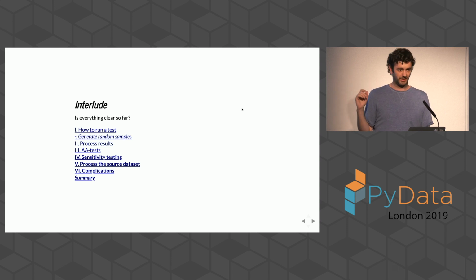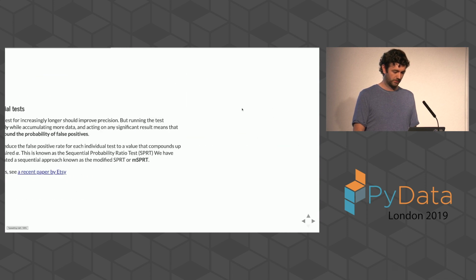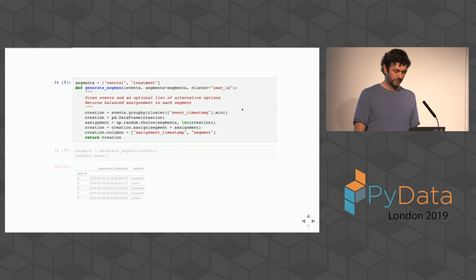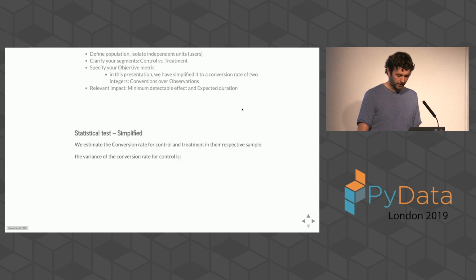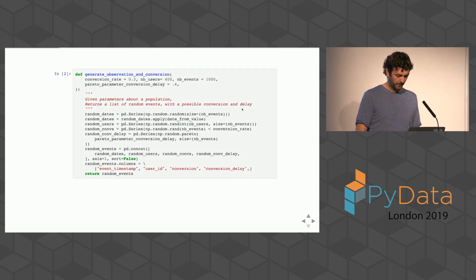Questions? Yeah. When you were collecting the data at the beginning, there was the last column, which I think collected the time that the person took before they converted, and I was expecting perhaps how you would use that column, but I didn't see it. Maybe I missed it. Oh, okay, so here, sorry, let me see, generate random samples.